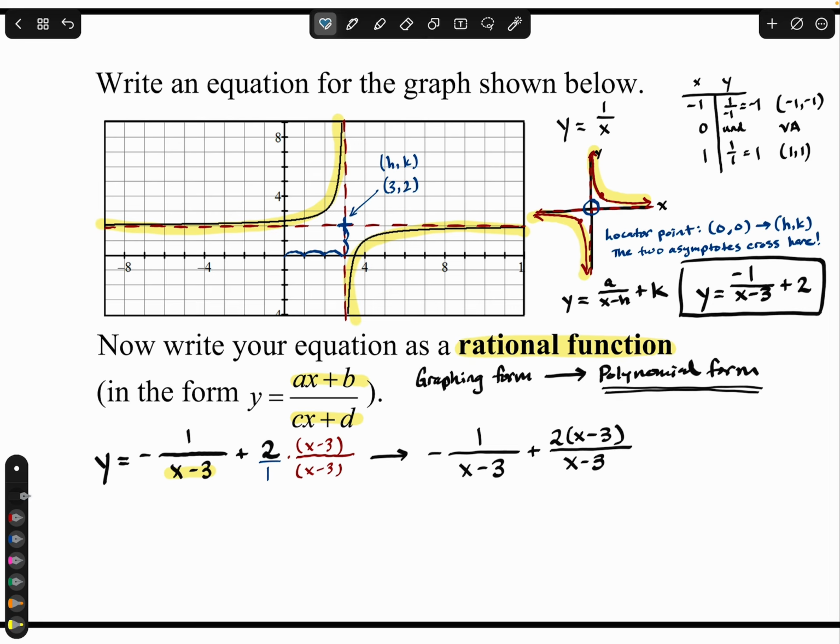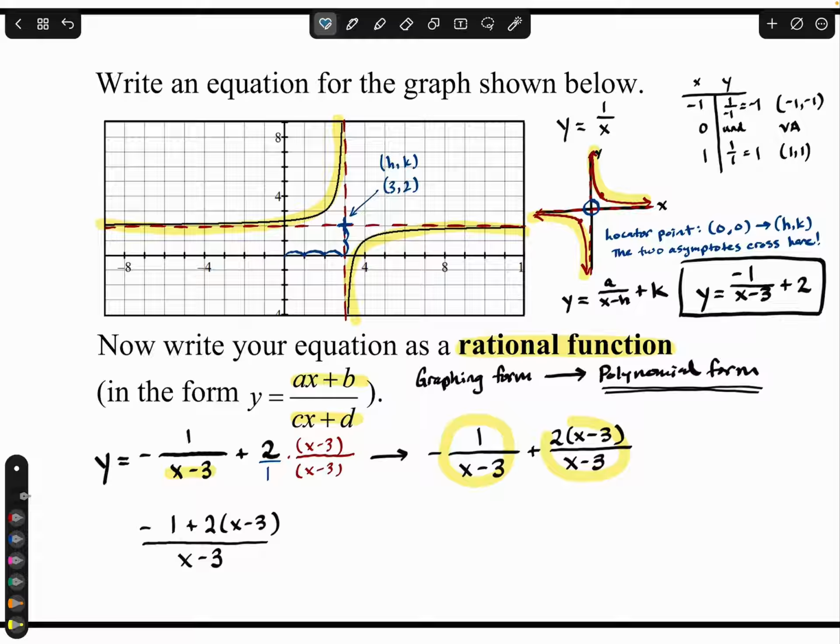So let's combine it into one fraction, and I'm going to take that negative and just give it to the 1. So I have a negative 1, and then I'm going to be adding to it 2 times the quantity of x minus 3, and now it's all over just an x minus 3. I just combined these two fractions, since they have the same denominator, into one.